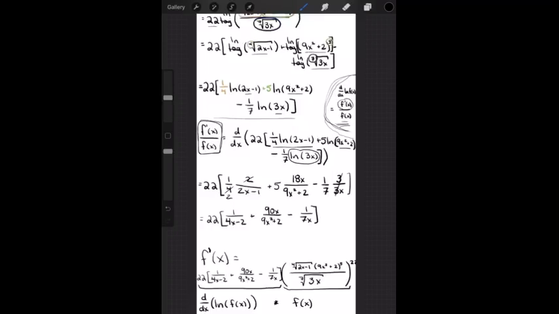Any questions about any of the steps we got here? Or any other questions about exam stuff in general? We'd have to be pretty quick about it.